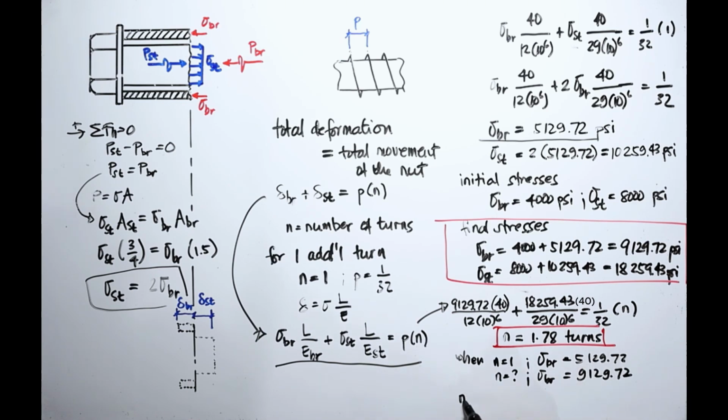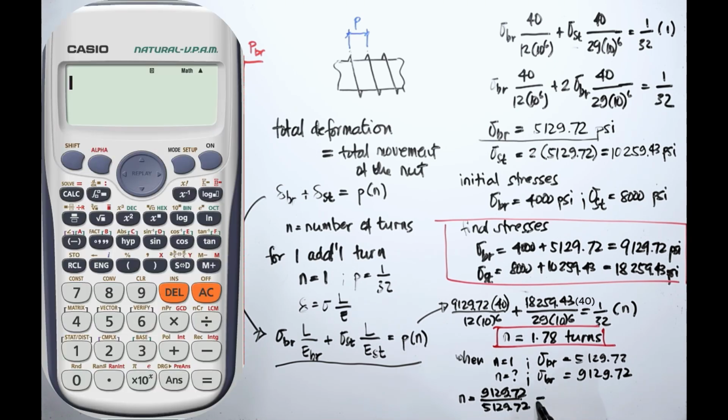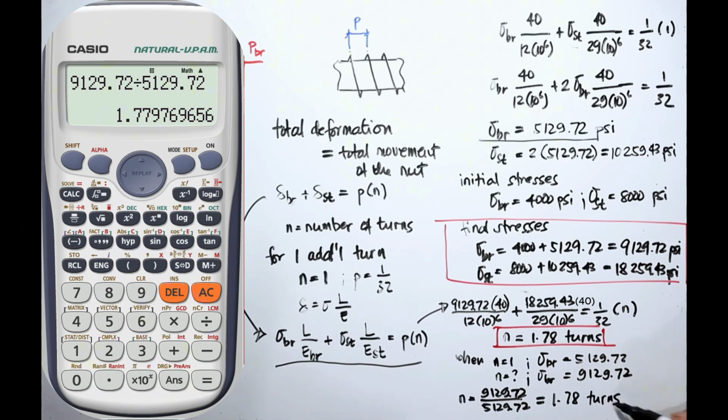So, n equals 9,129.72 divided by 5,129.72, which equals the same answer, 1.78 turns.